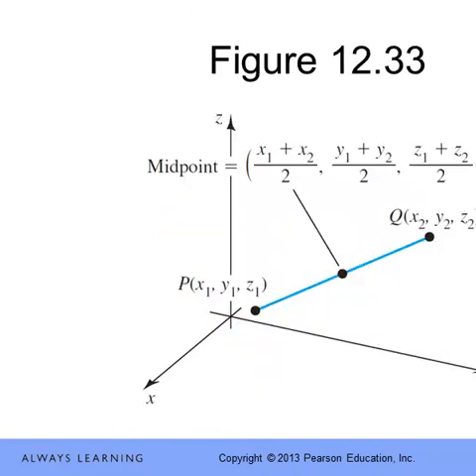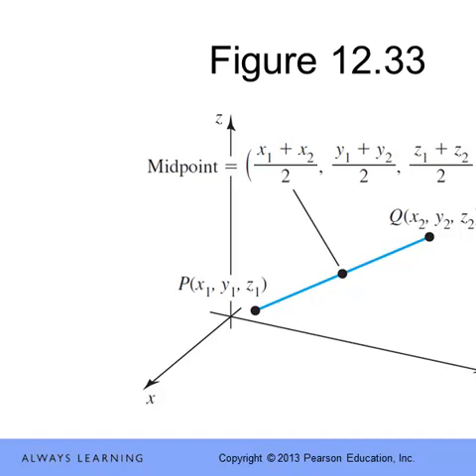All right, the coordinates of the point midway between the 2 points are basically the average of the coordinates for the 2 points. So we have point P, point Q, and the point that's midway in between.